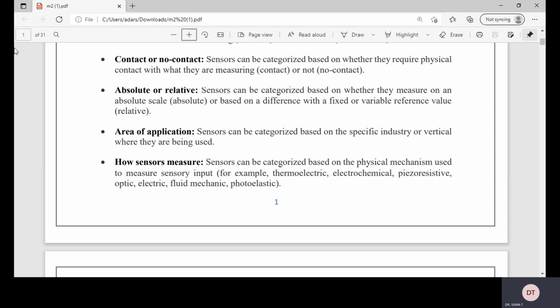When they don't require such a scale and only find the difference with a fixed or variable reference value, they are called relative sensors.